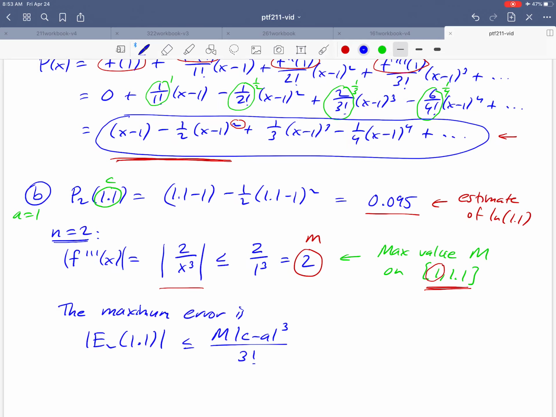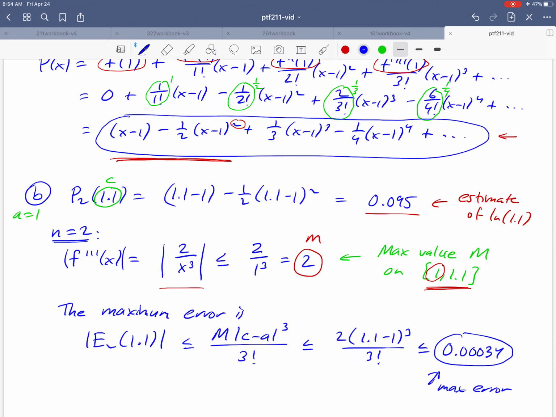Now it's a matter of just plugging in the pieces. M was 2, and c and a are 1.1 and 1. I'll let you confirm that calculation. You're going to get a number that's less than or equal to 0.00034. And that number is our maximum error.